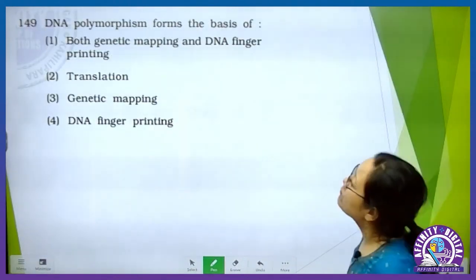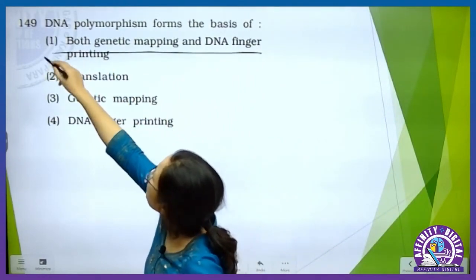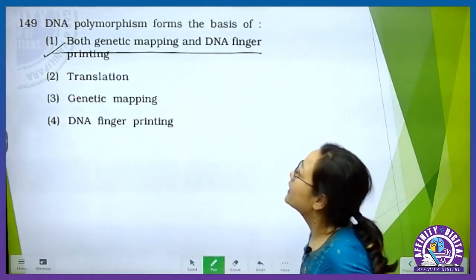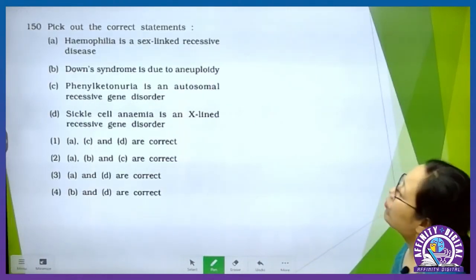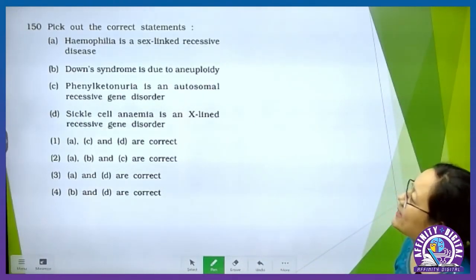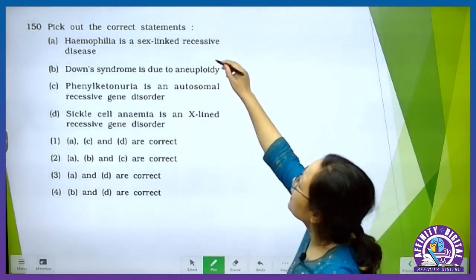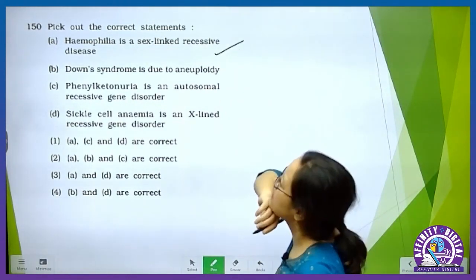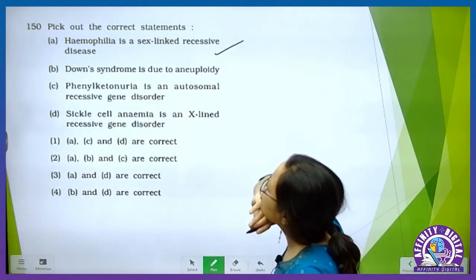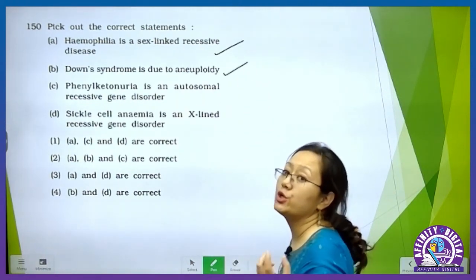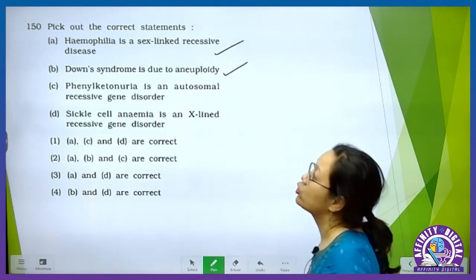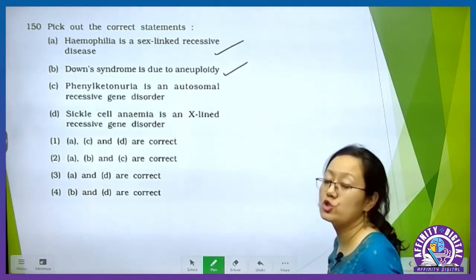DNA polymorphism forms the basis of genetic mapping and DNA fingerprinting. Hemophilia is a sex-linked recessive disease. This is correct. Down syndrome is due to aneuploidy. Aneuploidy means loss or gain of a chromosome other than the normal chromosome number.